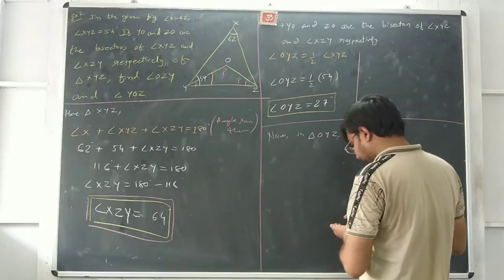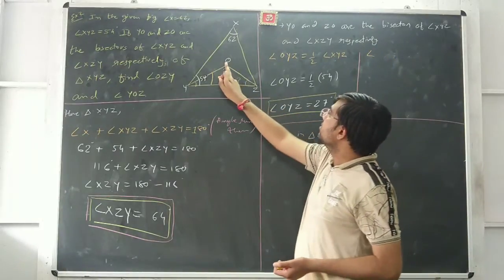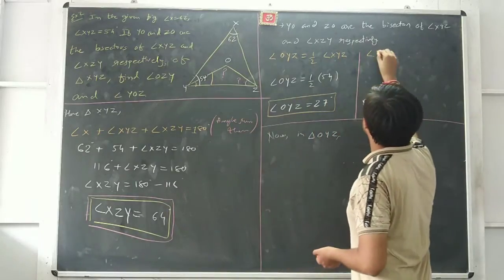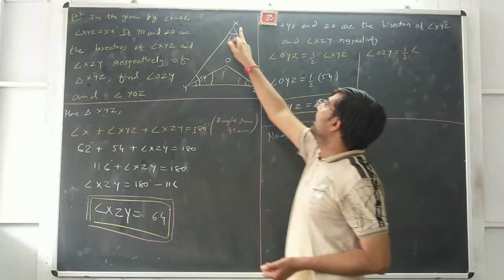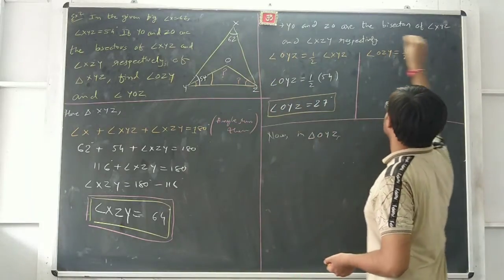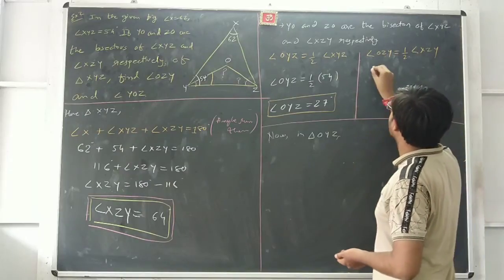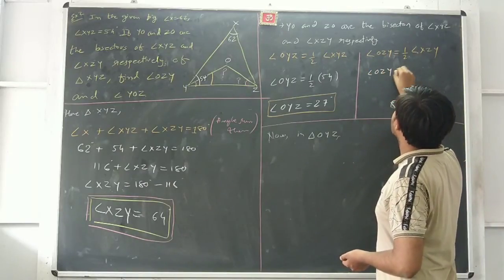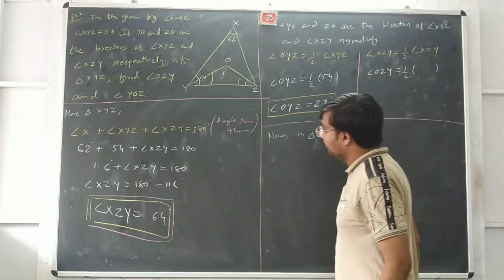And now the second part. What is the second part? Angle OZY is equal to 1 by 2 angle XZY, since it is the bisector. Then we can write OZY is equal to 1 by 2 XZY. What is XZY?